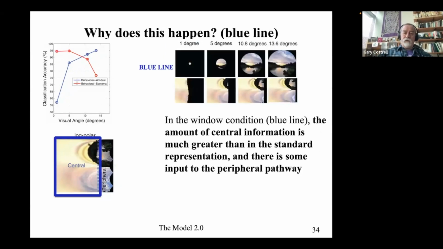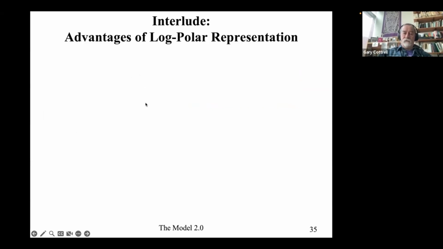Similarly, with the blue line, you get a lot more central information than you do here. You know, at this point, you're getting some of the peripheral information. And as the peripheral information increases, you're able to recognize what it is much better.